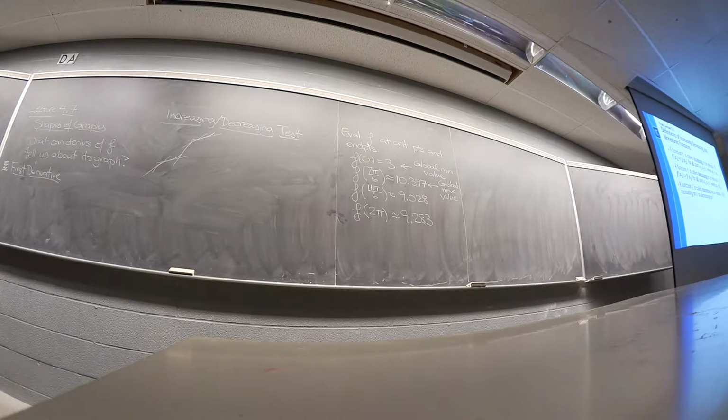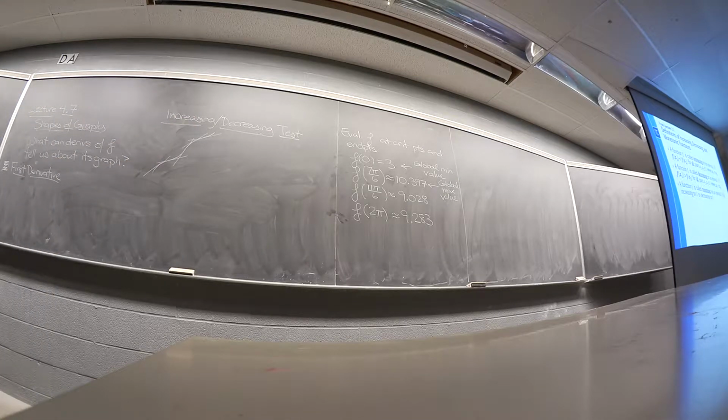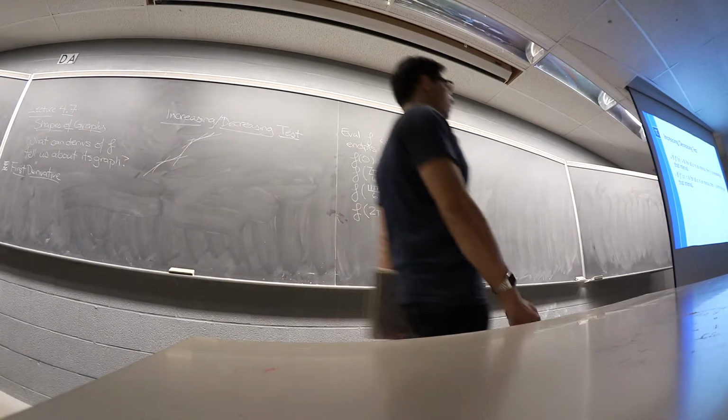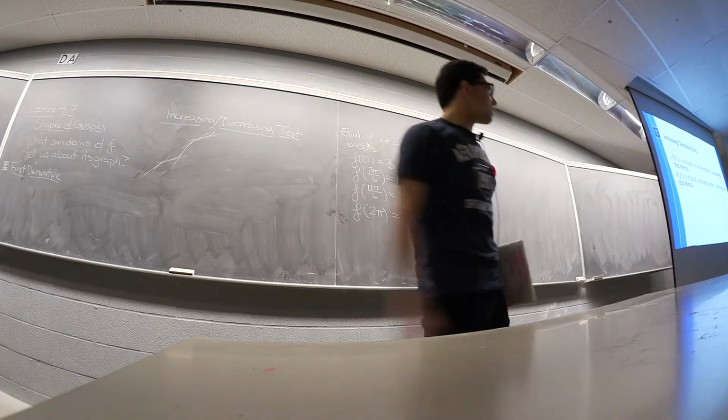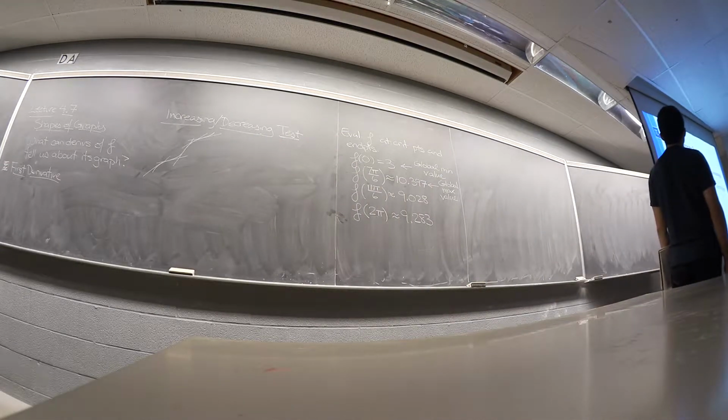Okay? And that is a general rule. So again, the point there is we have something increasing. Notice the tangents all have positive slope. And indeed, the sign of the derivative, which tells you what the slope of the tangent is, the sign of the derivative tells you if you're increasing or decreasing.